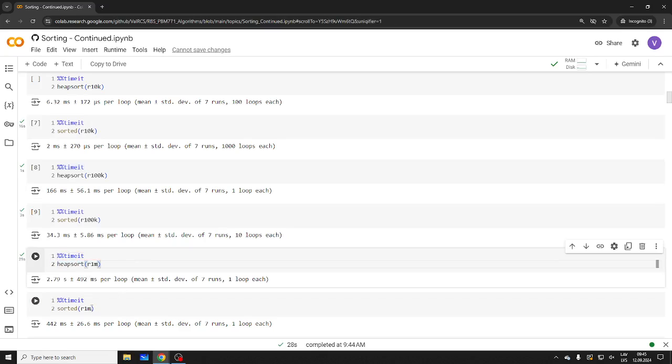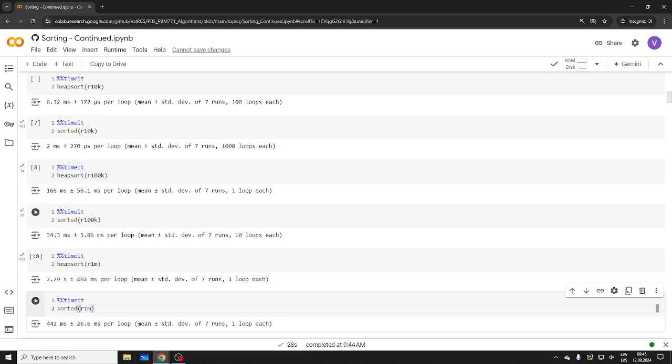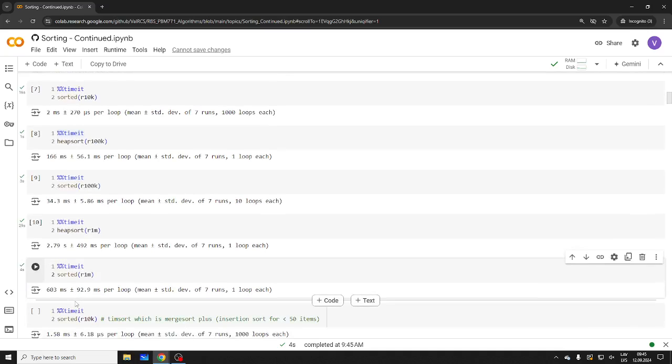Same thing for sorted: 440 milliseconds, I'll say about 500, probably 600. So about 4.5 times faster still. So again, Timsort beats Heapsort.